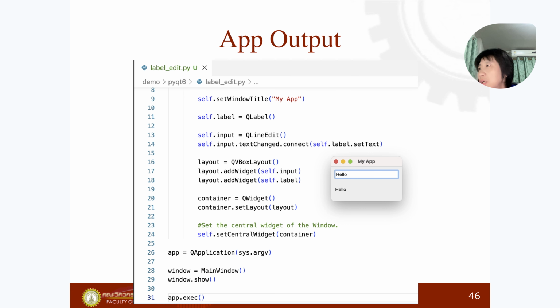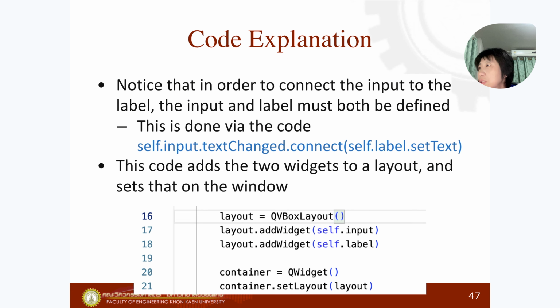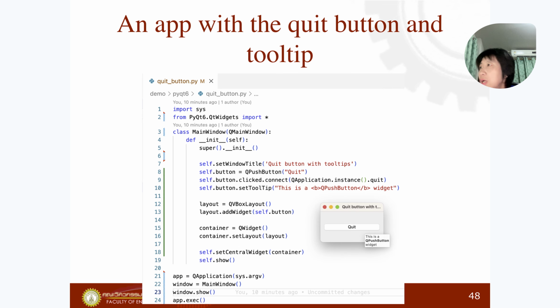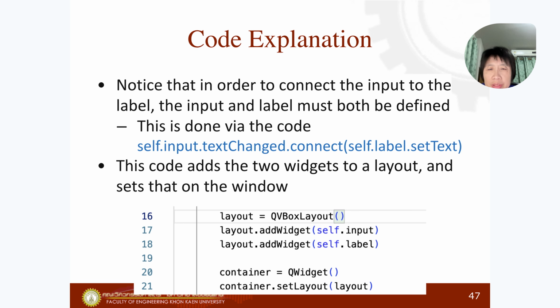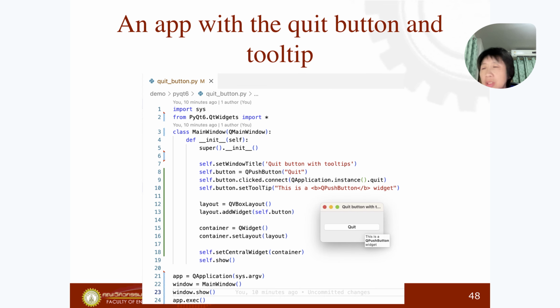And here when we connect, we say self dot input dot text changed dot connect self dot label dot set text. So the signal text changed will go to the set text method of the label. And that's why you can see that the label is changed.